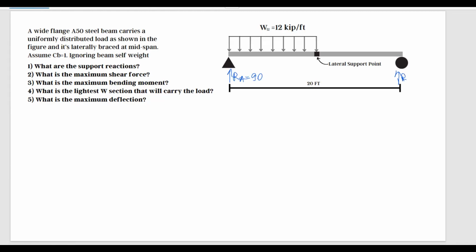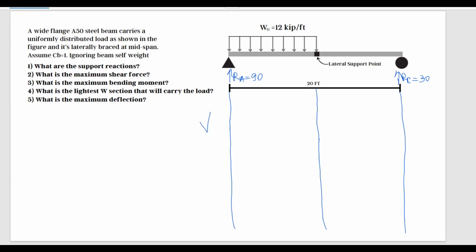And here I had RC equals 30 kips. I'm going to draw these lines just like that, and I'm also going to draw this line here where the load changes on the beam.